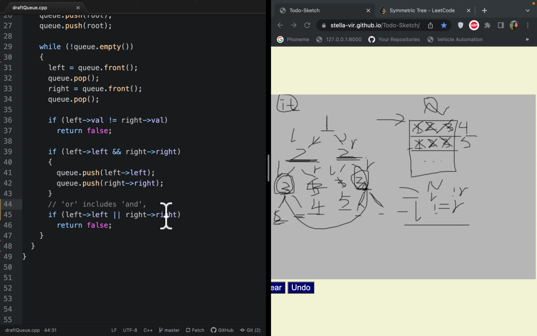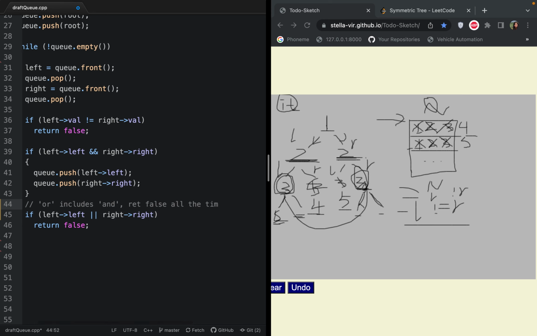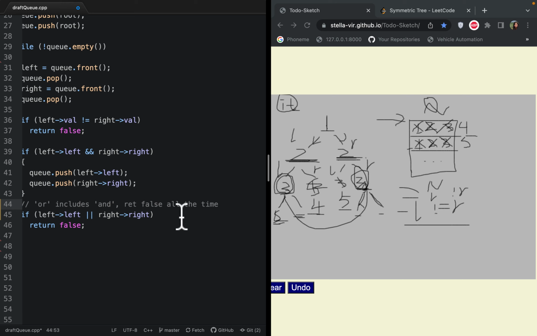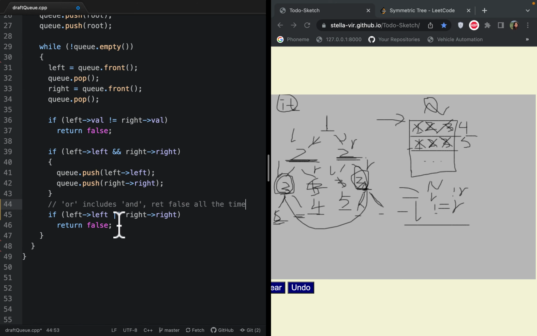If you keep letting this one go, it's just going to return false all the time, because whenever it comes to this line in the or condition, it's going to return.